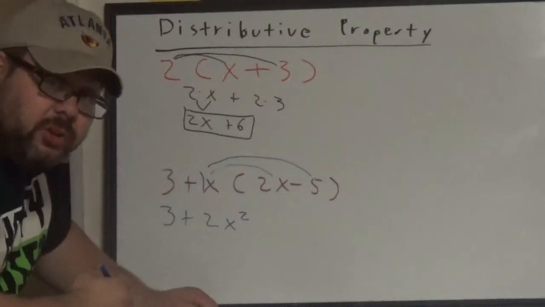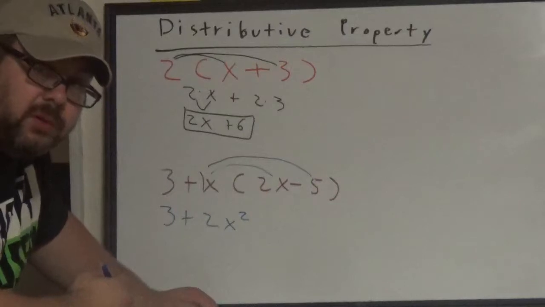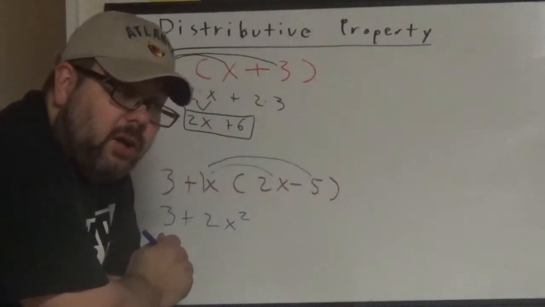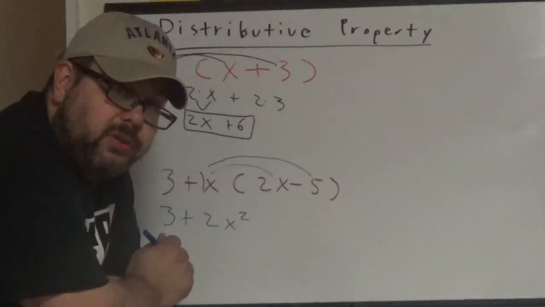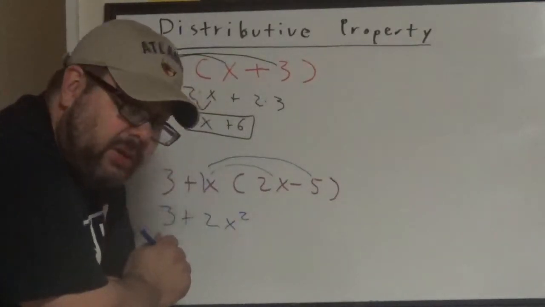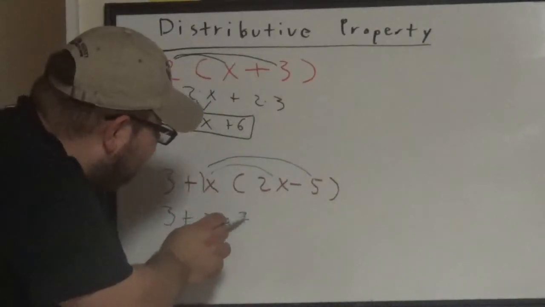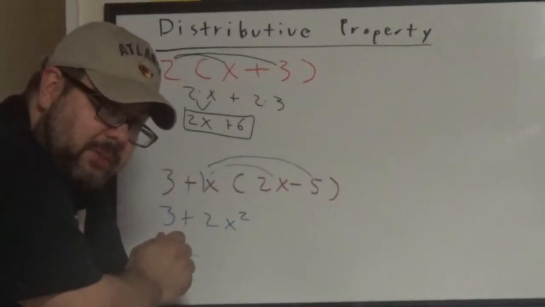That is extremely important to remember, especially when we're multiplying polynomials or when we're doing problems involving quadratics. Extremely important. So 3 plus 2x squared, or x to the second power.